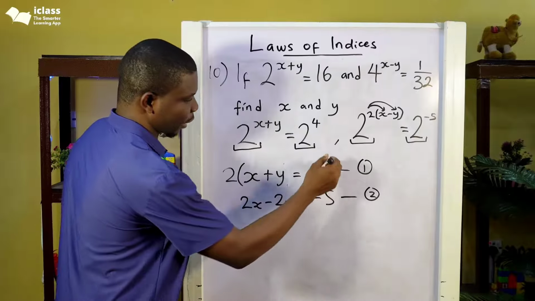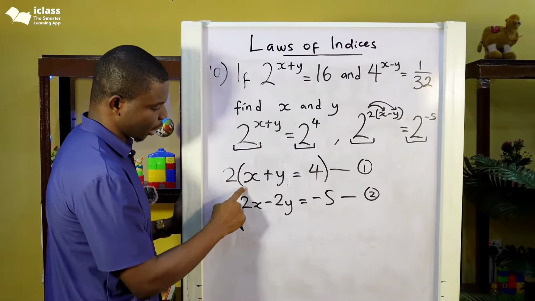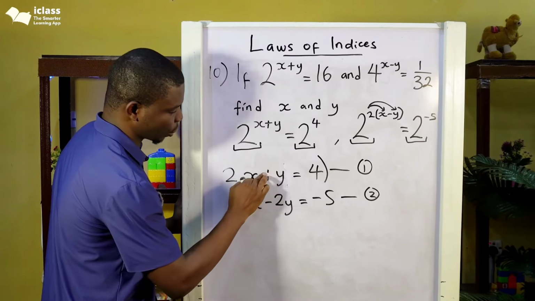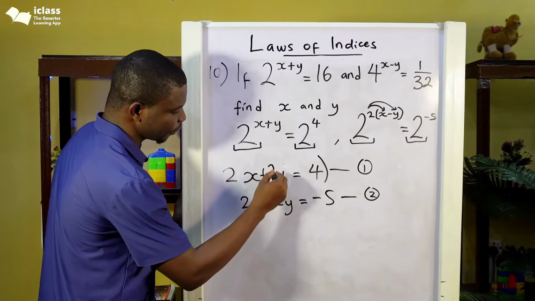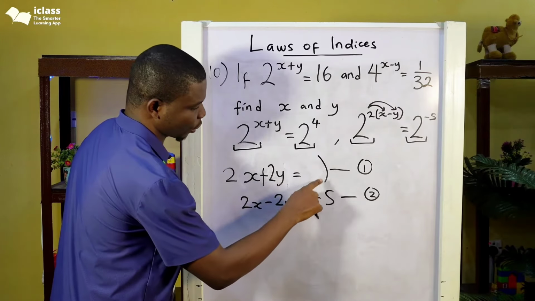I'm multiplying everything by 2, right? Because of space, I'll just multiply it straight. This will give us 2x plus 2y, okay? Then 2 times 4 is 8.